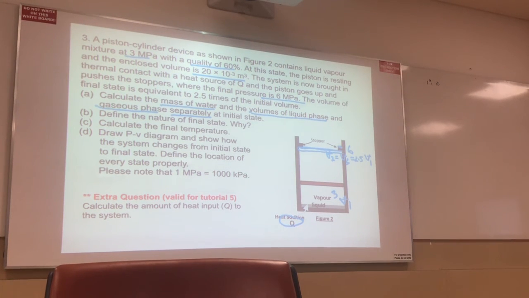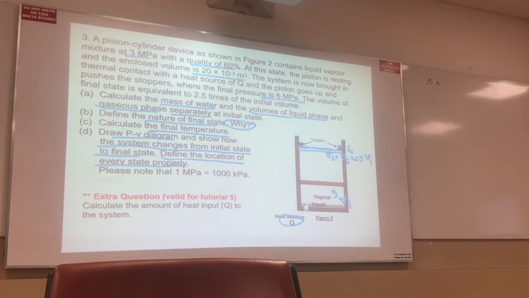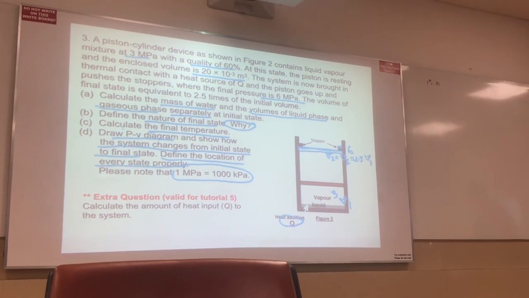Define the nature of the final state and why. Calculate the final temperature. Draw the PV diagram and show how the system changes from initial state to final state. Define the location of every state point properly. 1 megapascal is 1000 kilopascal. Okay? This is the question.